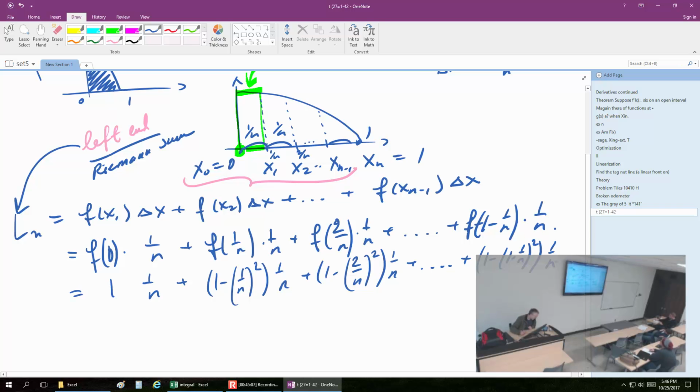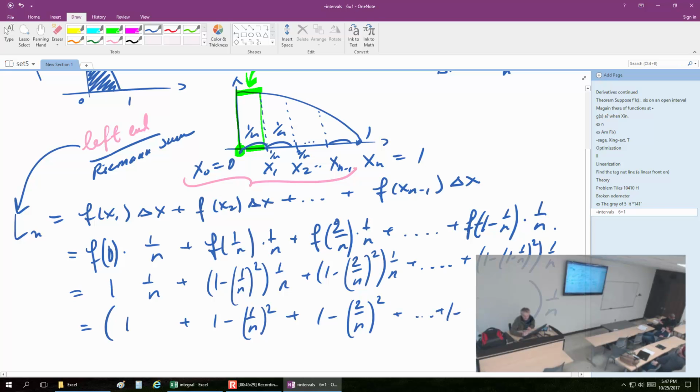Okay, so we simplify. Certainly we factor 1 over n out. That's the easy way. So we are left with 1 plus (1 minus 1 over n squared) plus (1 minus 2 over n squared), and here still (1 minus (1 minus 1 over n)) squared.